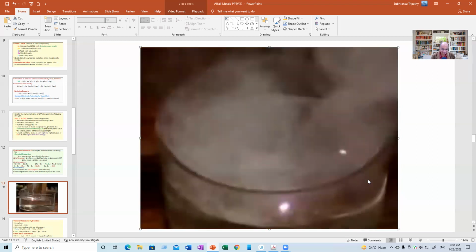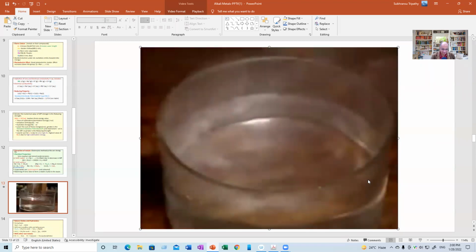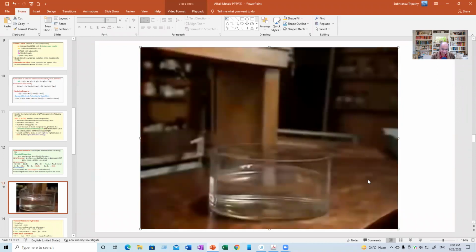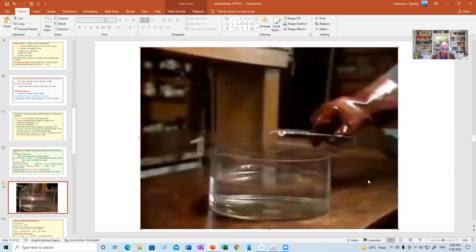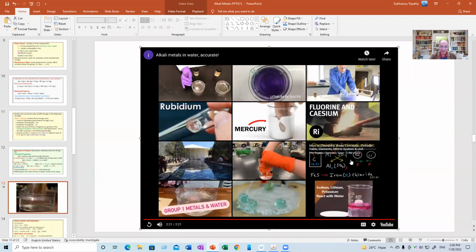You can see that things gradually become more terrifying as we go down the group. Let's try cesium, our fifth alkali metal. So cesium is so dangerous, it will break down the container, so it reacts the fastest.